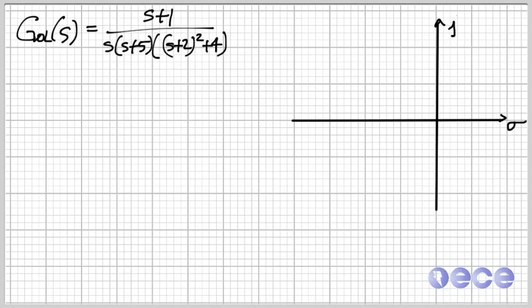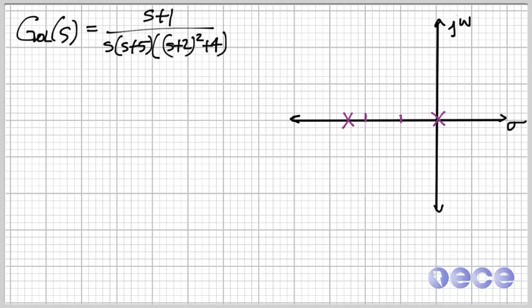Okay, let's always identify our axes. There's the real, and there's the imaginary. Let's indicate our poles and zeros here. We have a pole at S equals 0. We have a pole at S equals minus 5. I'm going to call this minus 2, minus 4. So we have a pole here at minus 5.